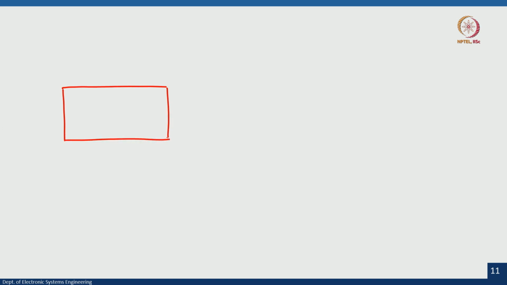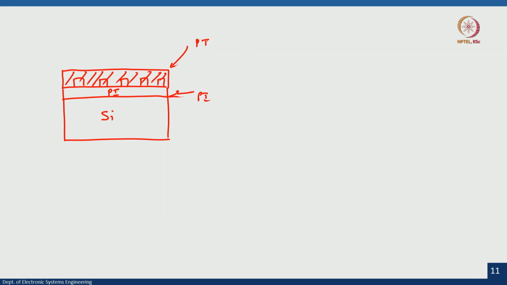What we had, I will just put different patterns, so it is easier. 3, 4 and 5 and then on that we had a PI and here also we have a PI, okay. PI on silicon, then PI as an insulator and here we have titanium gold electrode array.